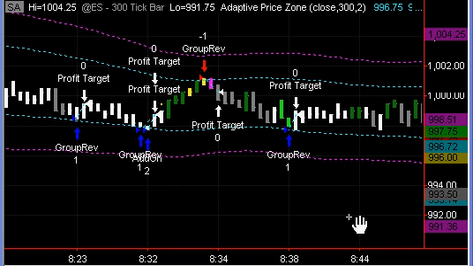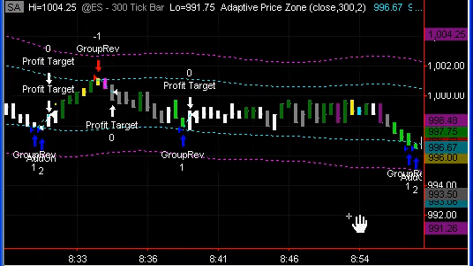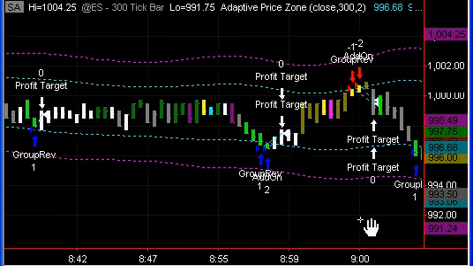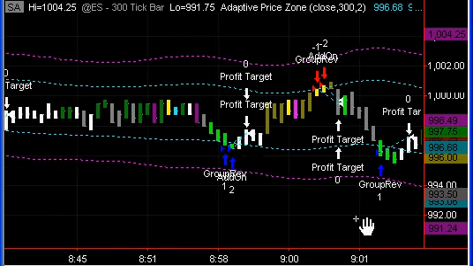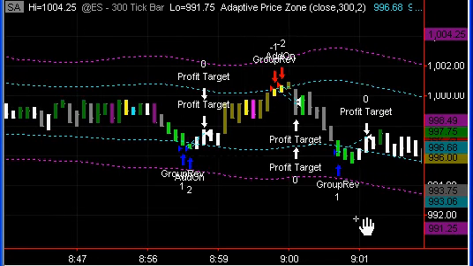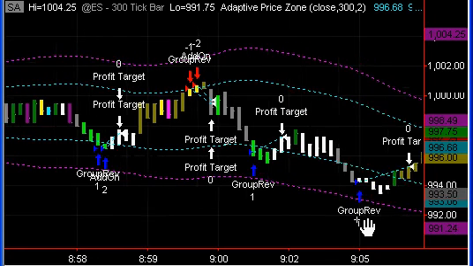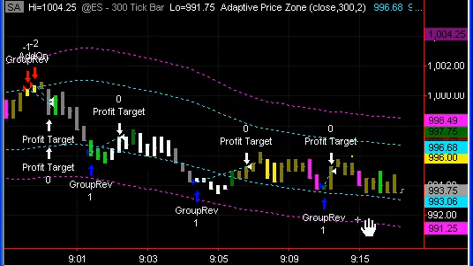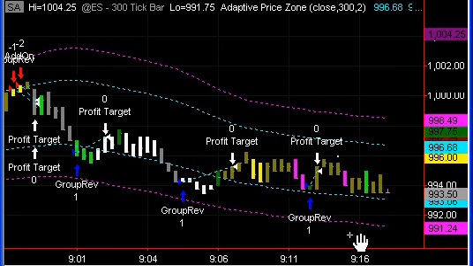And as you can see, when the conditions are right, the strategy automatically executes a trade and then shoots for a specific profit target on each one of these trades. Once it's reached, we go flat until the next opportunity arises.